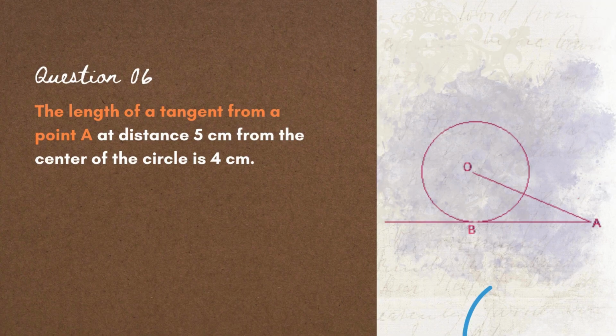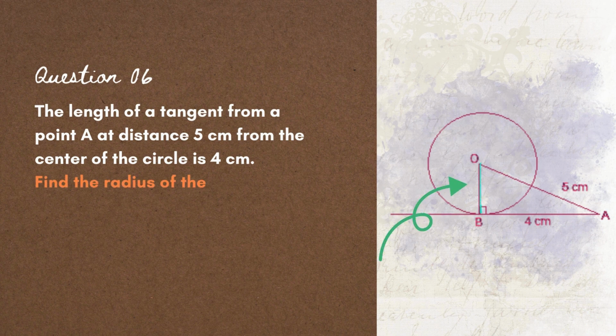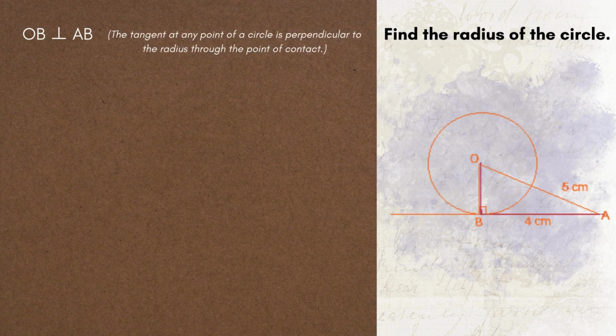Question 6. The length of a tangent from a point A at a distance 5 cm from the center of the circle is 4 cm. Find the radius of the circle. OB is perpendicular to AB because the tangent at any point of a circle is perpendicular to the radius through the point of contact.